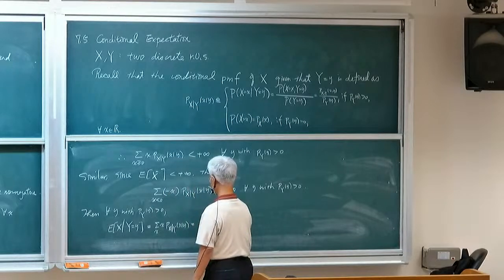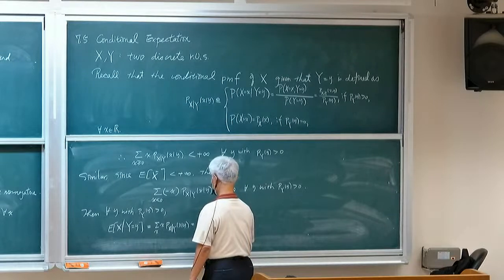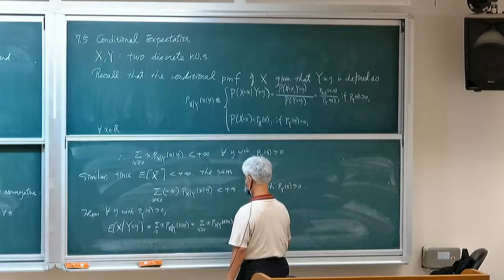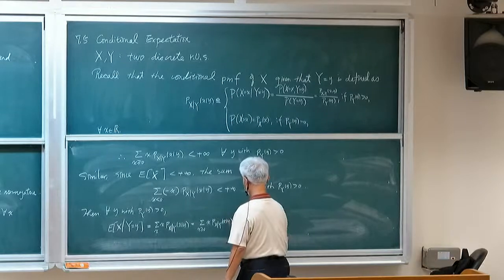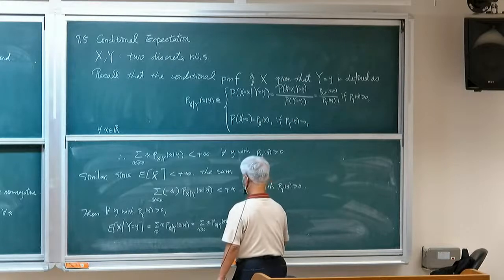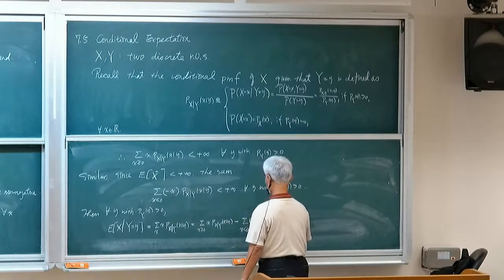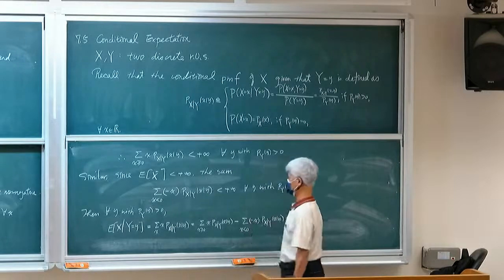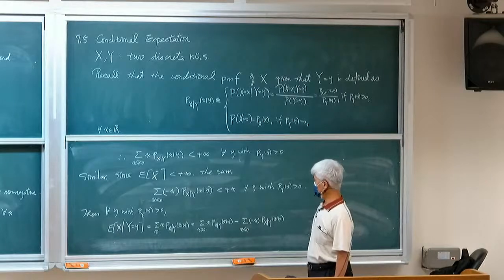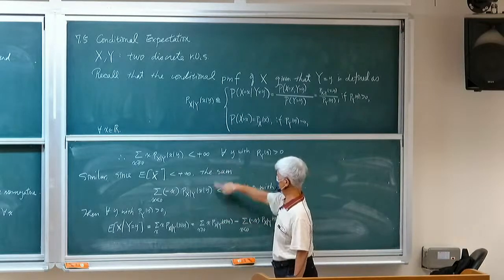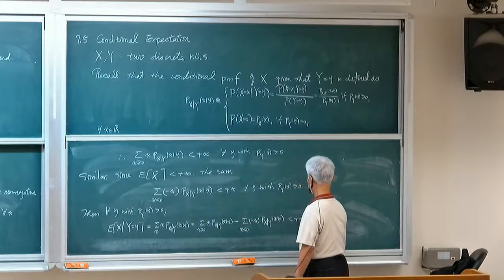And then you can split it into the positive part plus the negative part, so this becomes the difference of these two partial sums. And you can see they are both finite. So this is finite.